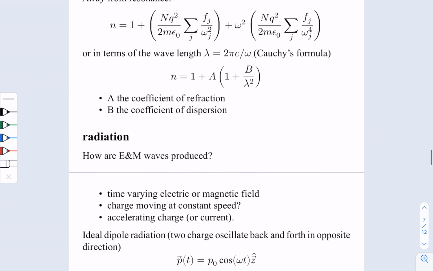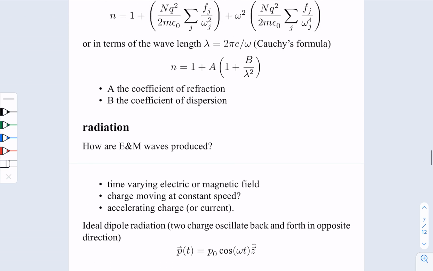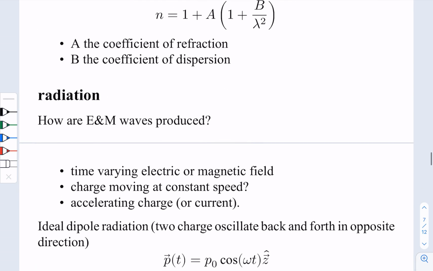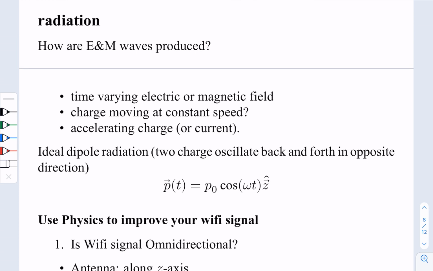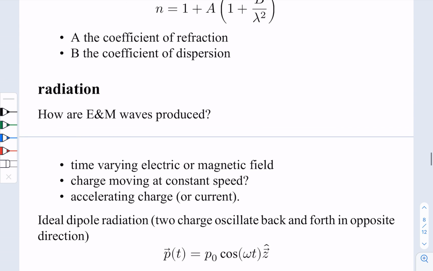So actually now I want to discuss something that I believe is more interesting and more relevant to you, which is how electromagnetic waves are actually produced. Remember that in chapter 9 we discussed how the wave behaves after we produce it, but we never discussed how these waves are produced in the first place, right?